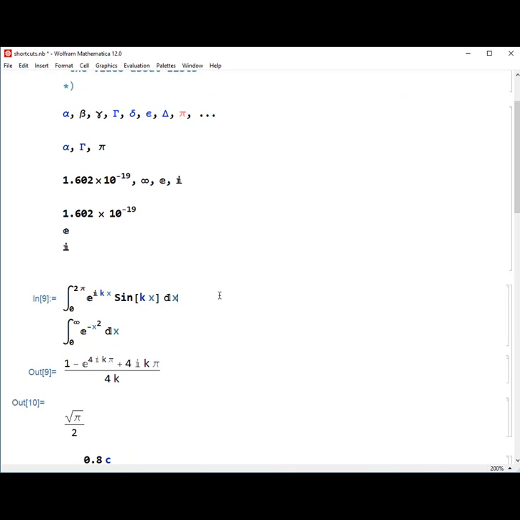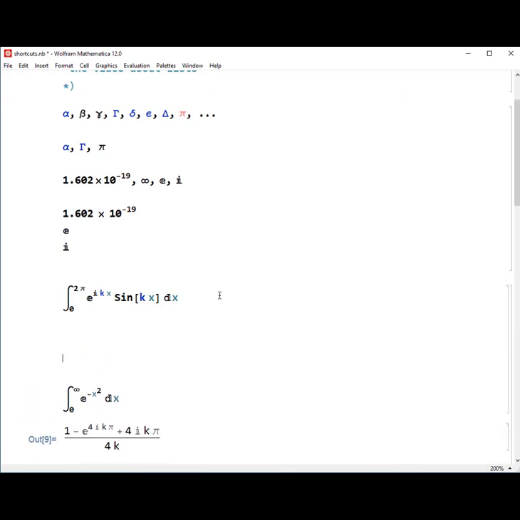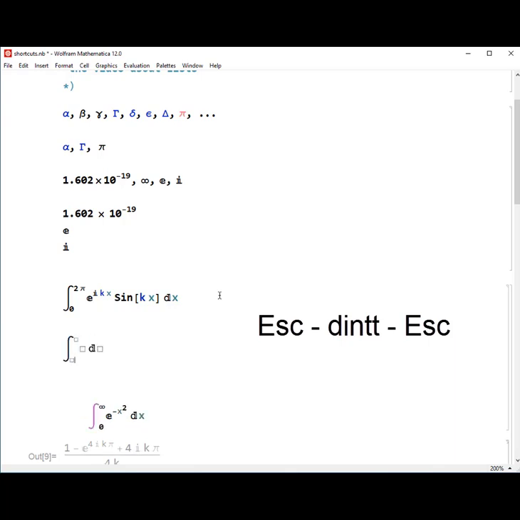Let's enter some integrals here. I'll show you how I'm going to do that. So I'm going to use escape, and then DINT, escape, and you see that I get this integral format in my typical mathematical notation. I can then enter a 0 down here. I can enter a 2 here, and then I'm going to do escape, P, escape, and that gives me a pi. I'm going to do an escape.